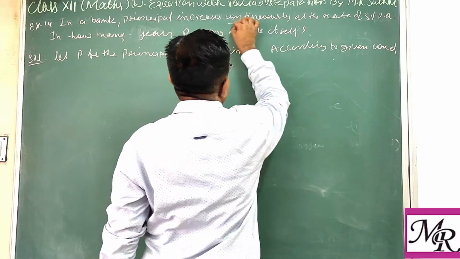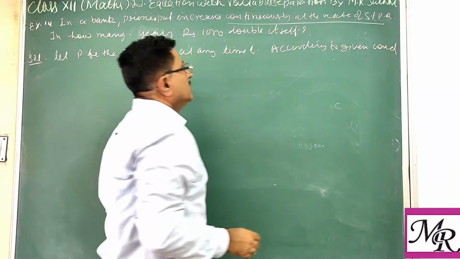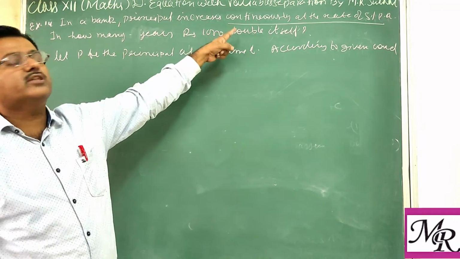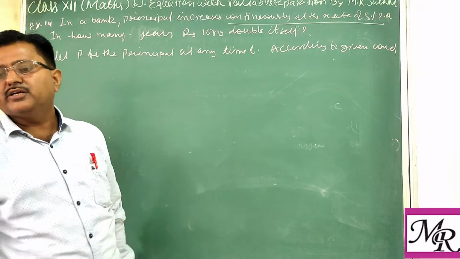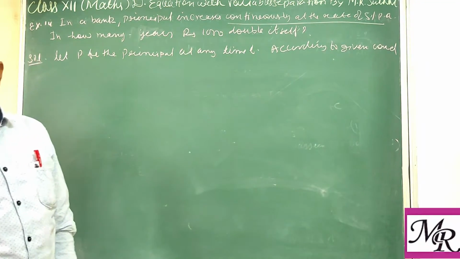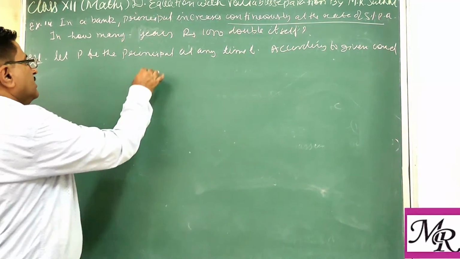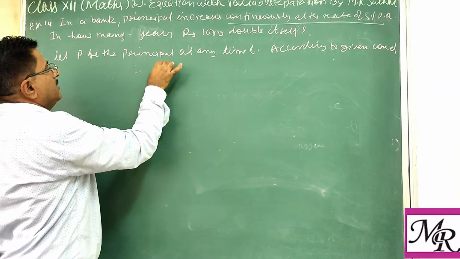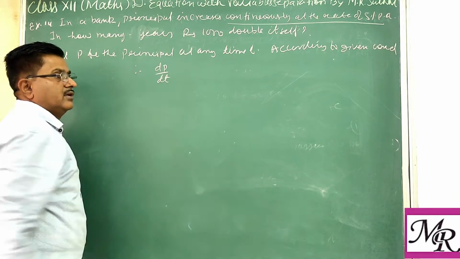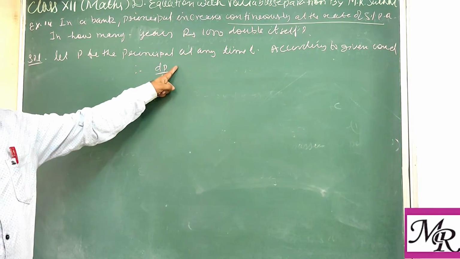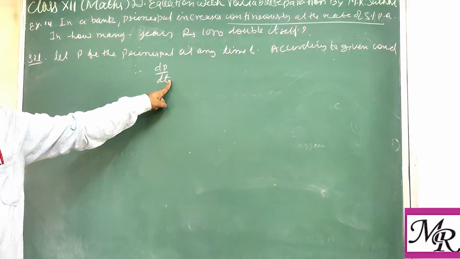the principal is changing with respect to time, that is dP upon dt, the rate of change of principal with respect to time.